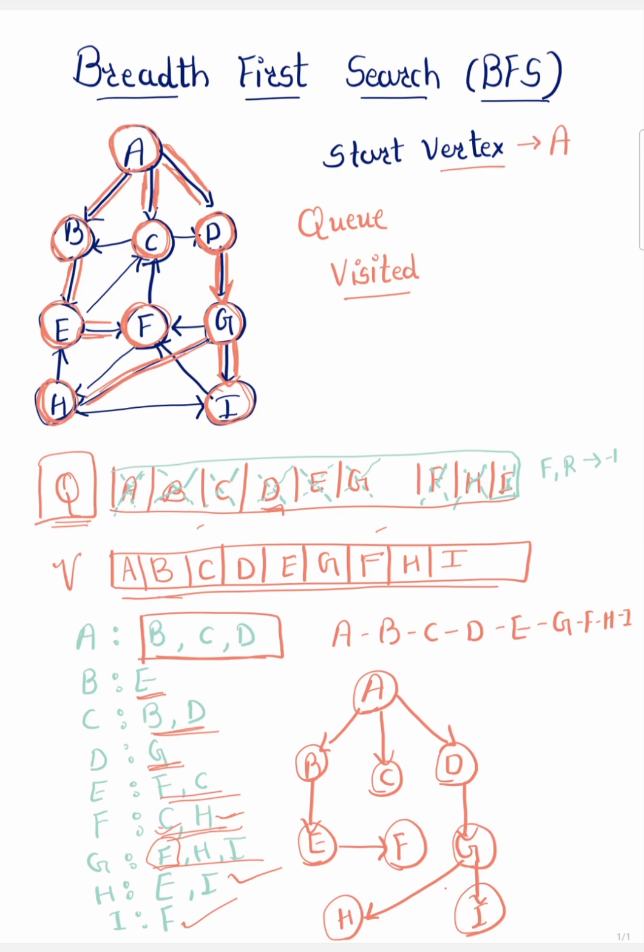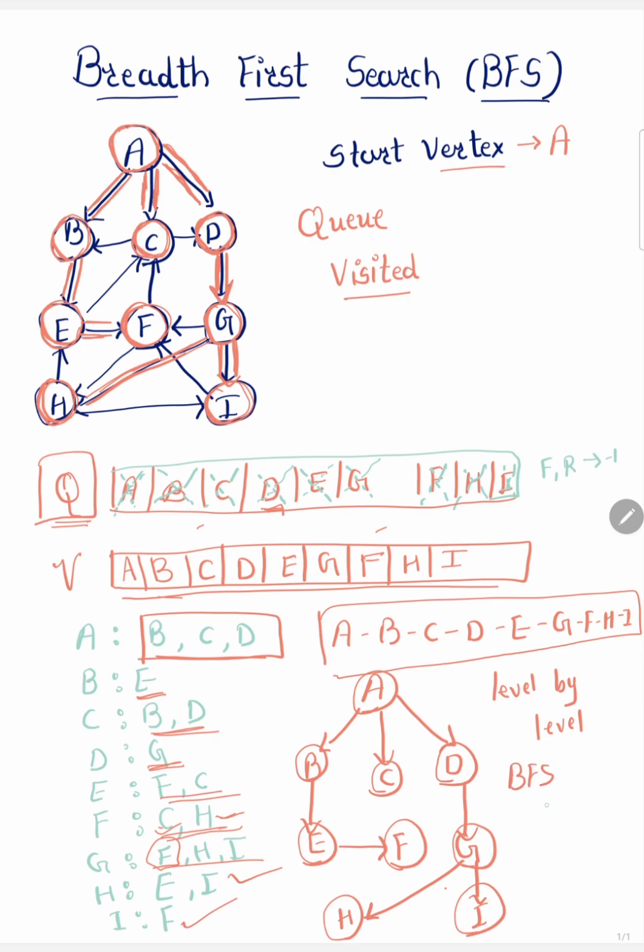I hope you understood this BFS algorithm, the breadth first search algorithm, and it goes level by level, right? So it traverses level by level, and we need one queue for dequeuing the visited node and enqueuing it in the visited queue, and we need to enqueue all the neighboring nodes of the vertex that is being dequeued, right? So yeah, this is your sequence and this is your BFS tree, right?